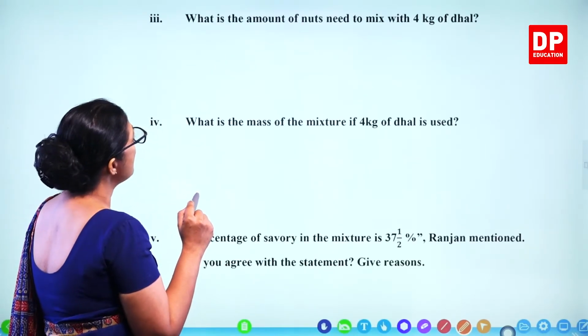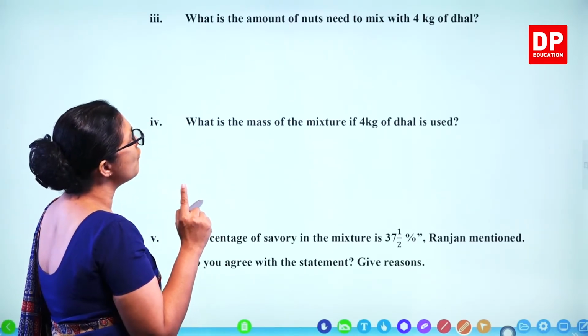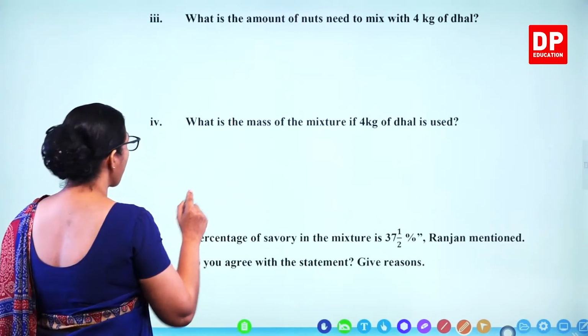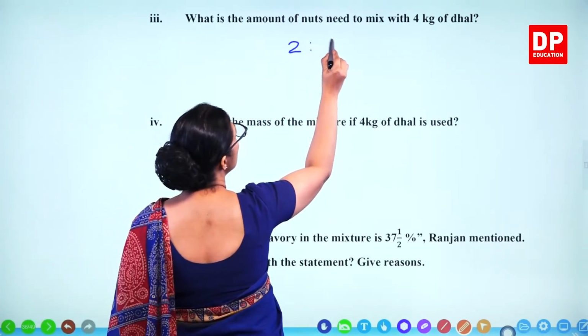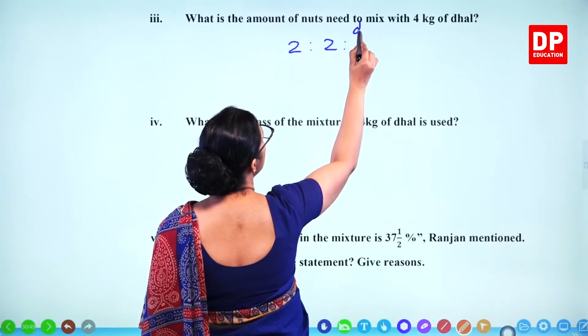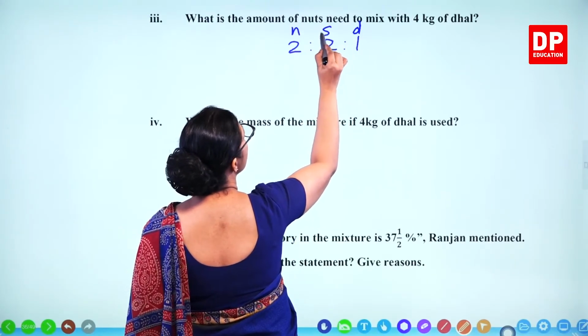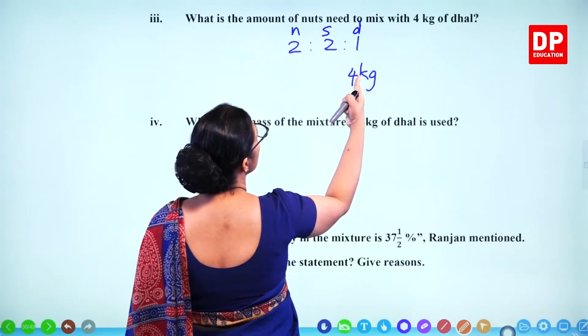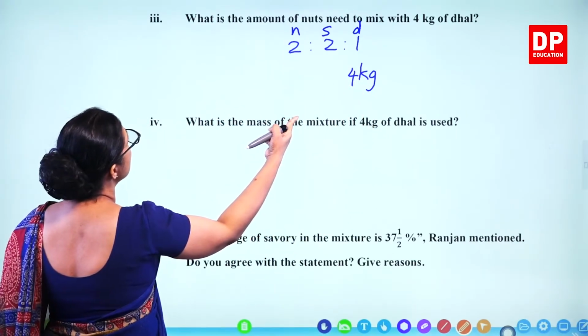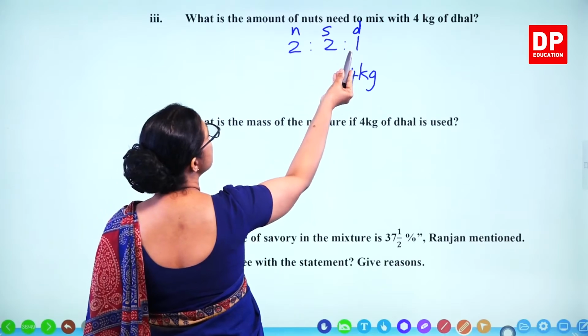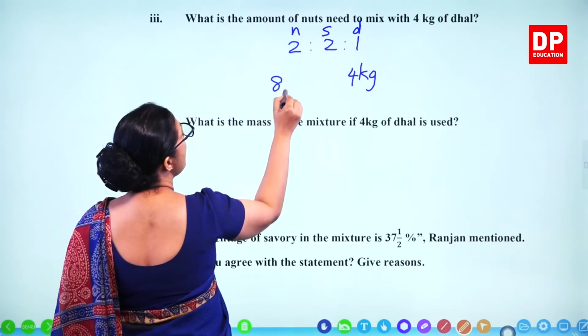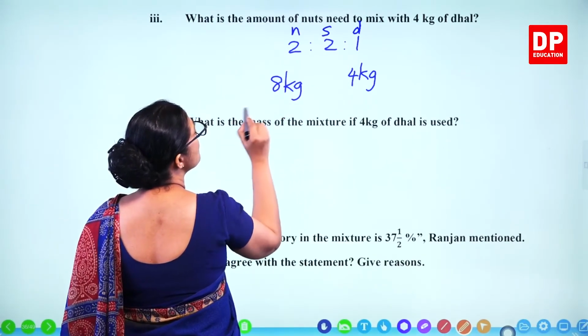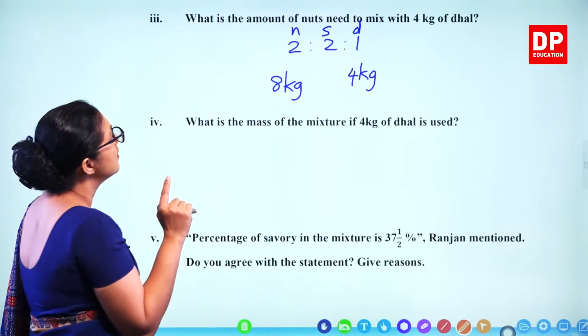Third one, what is the amount of nuts needed to mix with 4 kilograms of dal? Now we found 2 to 2 to 1, nuts, savory, dal. Dal is now 4 kilos, so nuts is double that. So 8 kilograms of nuts.